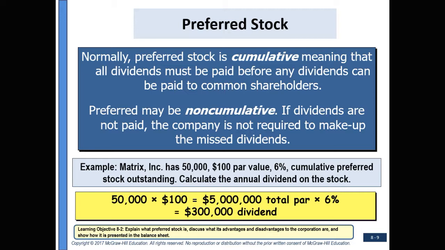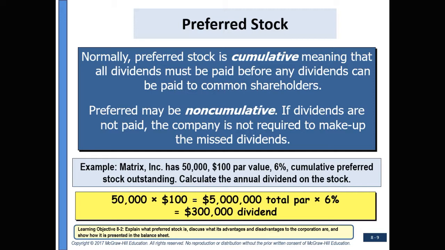If in 2016 there were no dividends declared, so the $300,000 was not paid to the preferred stockholders, then this amount is owed. It is not entered as a liability, but it is noted in the notes to the financial statements.